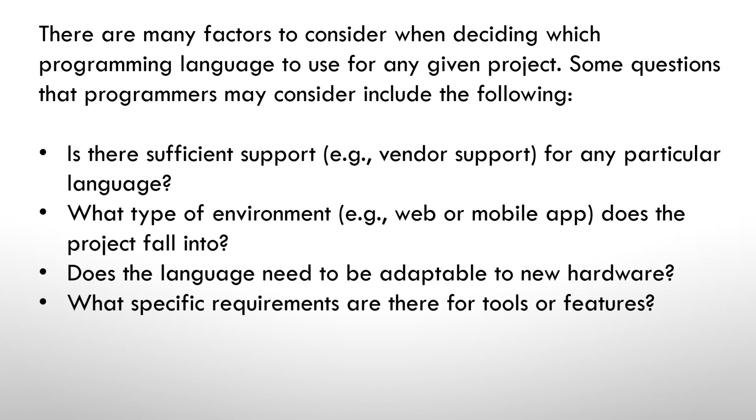Then what specific requirements are there for tools or features? So the features you will need, like in artificial intelligence, you can create an app in desktop, Windows or iOS, or I mean Mac OS or Linux.